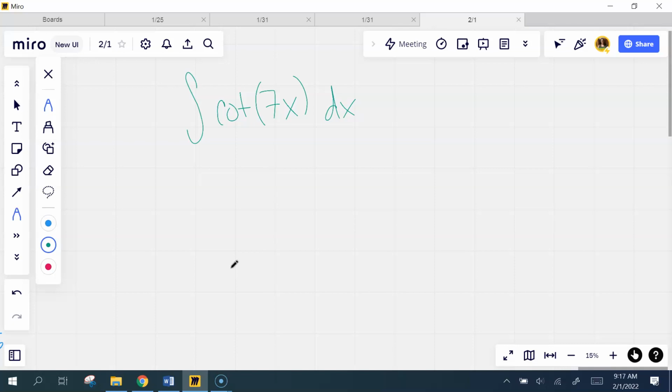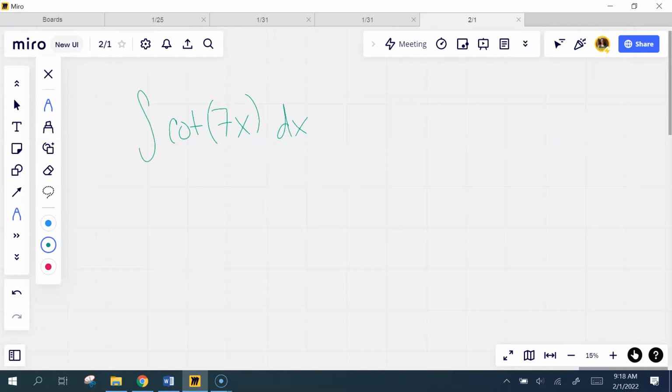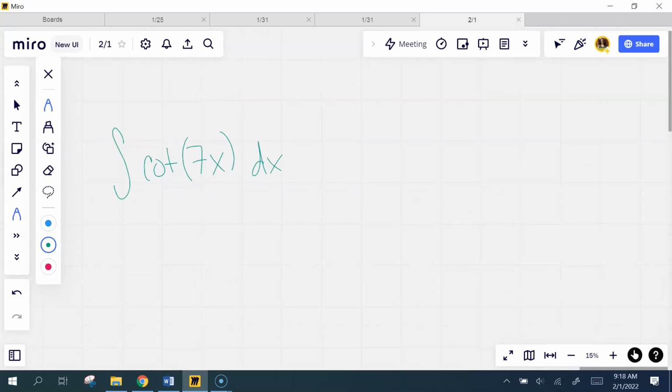I know the antiderivative of cotangent, right? Well, but it's on my sheet, right? What is the antiderivative of cotangent? Is it not on there?